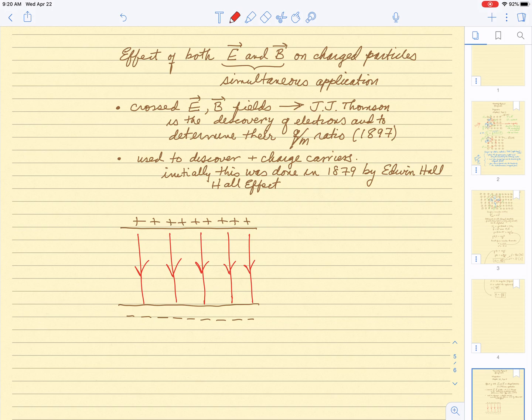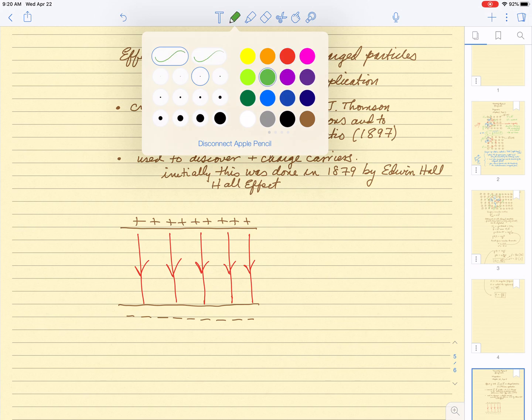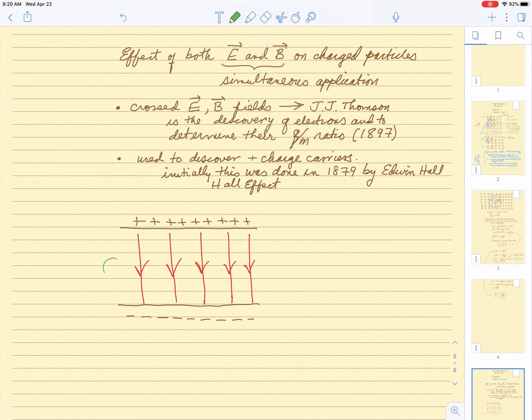And so let's take a look at what happens when we would fire an electron. Right. So this is an electron of mass m sub e, charge q sub e, and we shoot it in with some velocity.